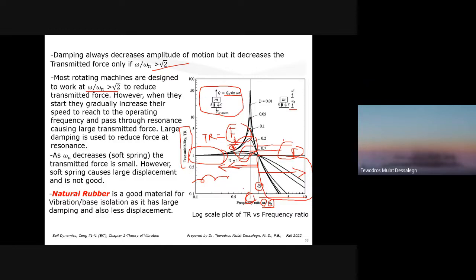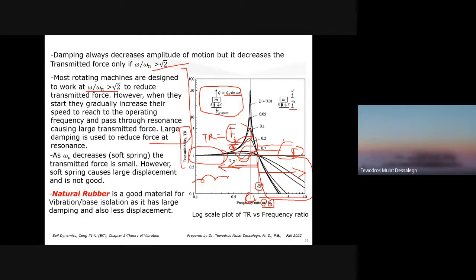One, we still use a larger damping value to reduce the maximum force when it passes through that frequency. Even if it is a short duration, we still want to damp out more. So we use a larger damping value so that when it passes through that resonance frequency to go to the higher frequency, we don't have significant impact. So that's what this second paragraph is saying.